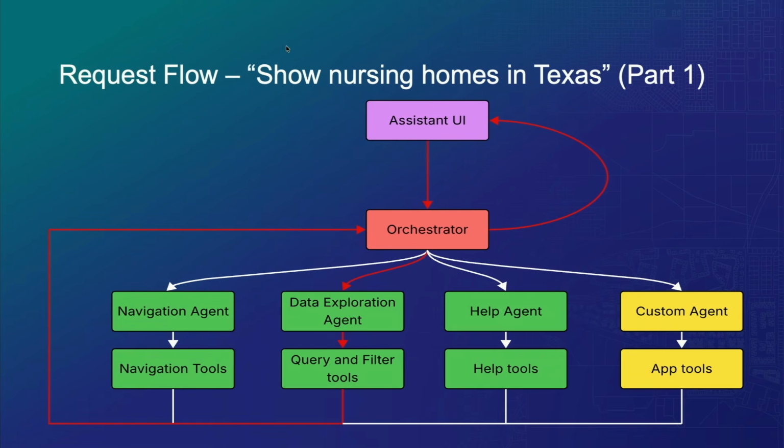The first one was the query tool, where it figured out what the where clause is, and then the second part was the filter, based on which it changed things on the map. And then it generated an output and sent it back to the orchestrator, which at that time could have decided maybe this is the only one, or it needs to call some other agent.